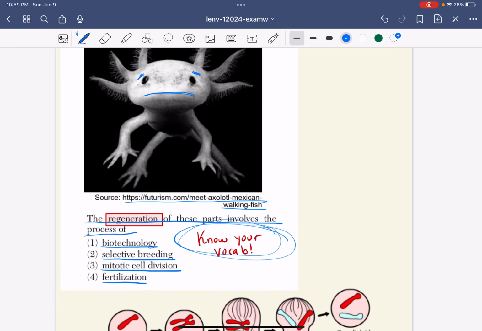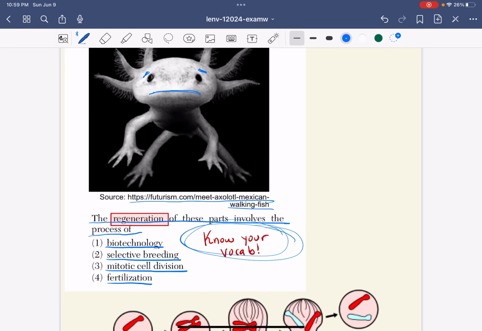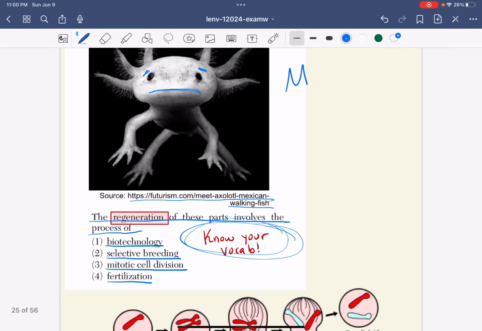So if you know it, if you cut yourself, break a bone, lose a finger, let me not get dramatic here. Let's focus on a cut. When you cut yourself, your body heals it. You need to make new cells. Whenever you make new cells, that is by the process of mitosis.